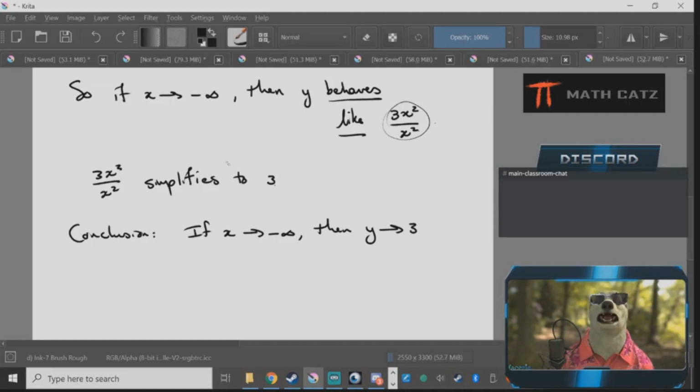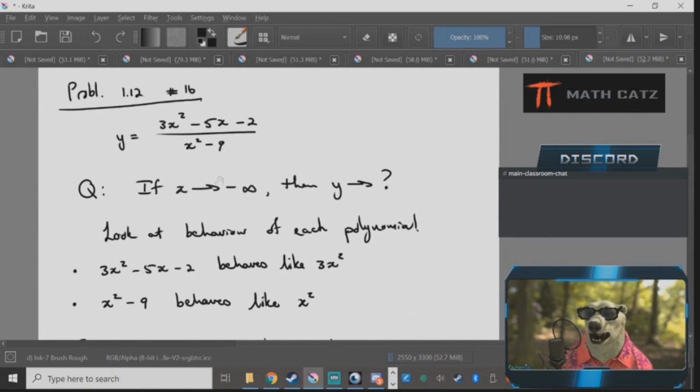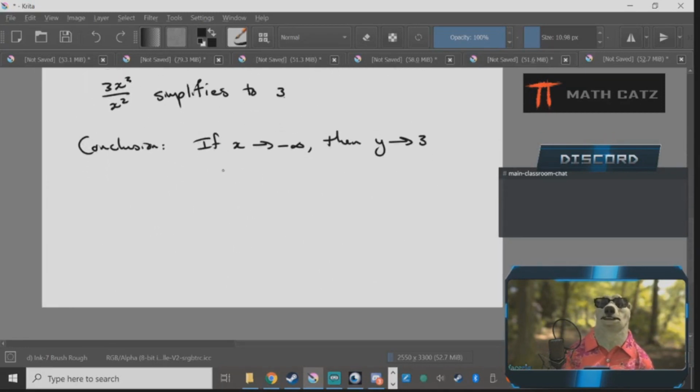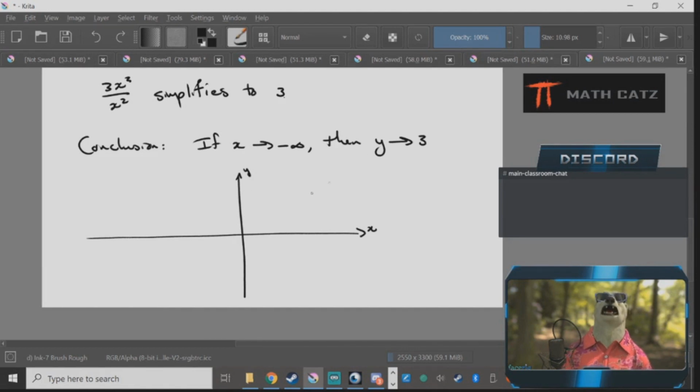Now, I have no idea what this graph looks like, right? This function has some fancier polynomials. It's not even super fancy. It's a couple of quadratic polynomials, and I still don't know, without a lot of effort, what this graph looks like. But that's not the question. The question is simply, if I go far enough to the left, because negative infinity for x, what is happening to the function? What is happening to the y values?